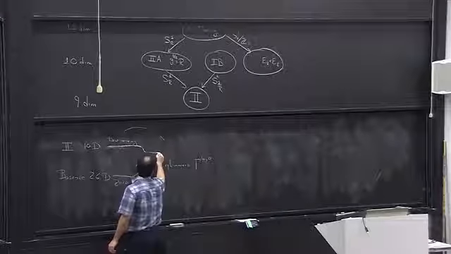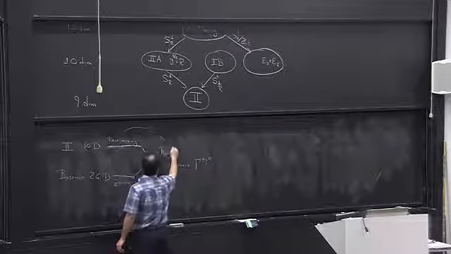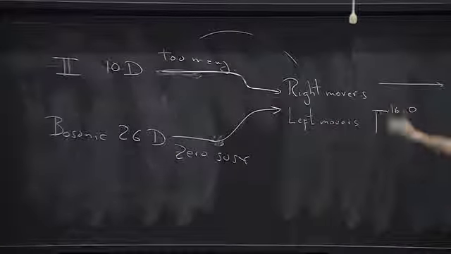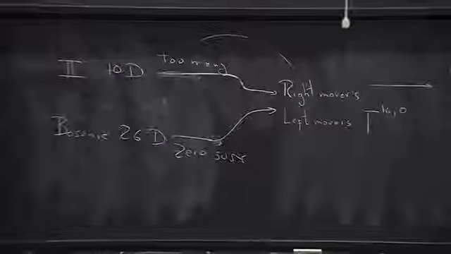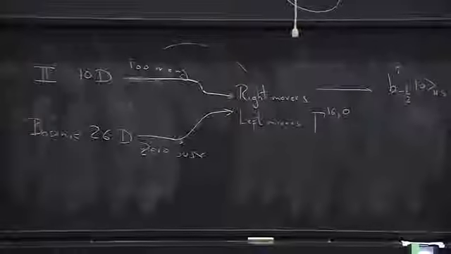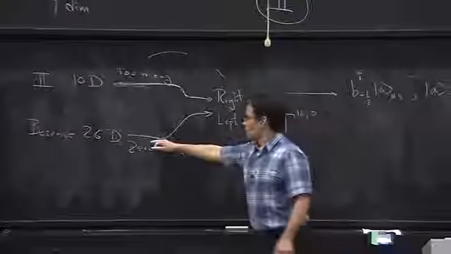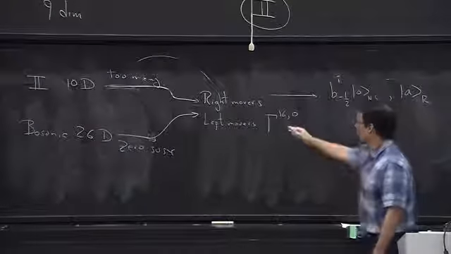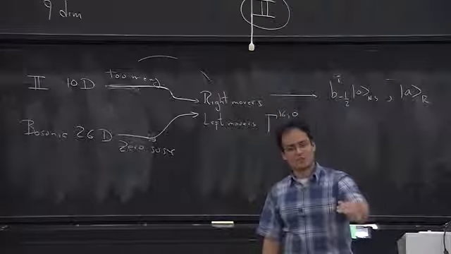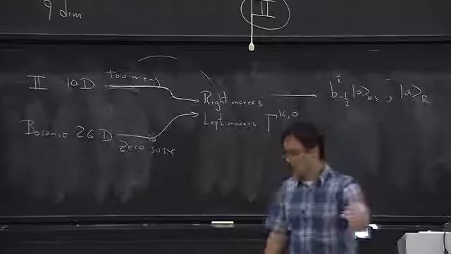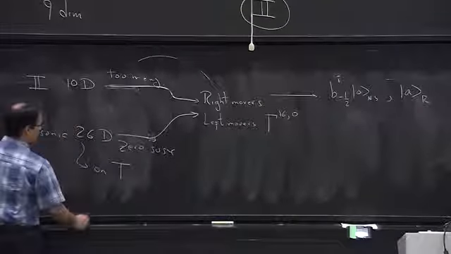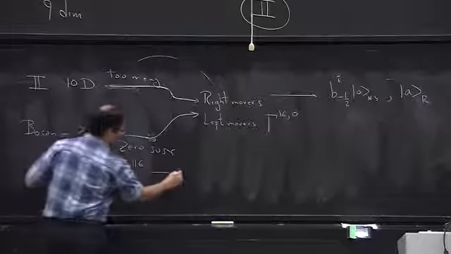And from these, you take the right movers. So from the right movers, you take our friends. And from the bosonic string, you take the left movers to be compactified on precisely 16 directions. So from 26, you go down to 10. So you will compactify this on T16 to go down to 10 dimensions.